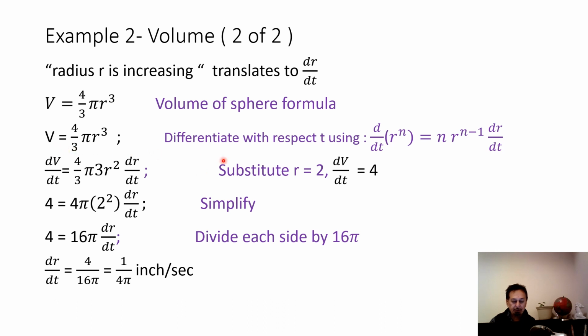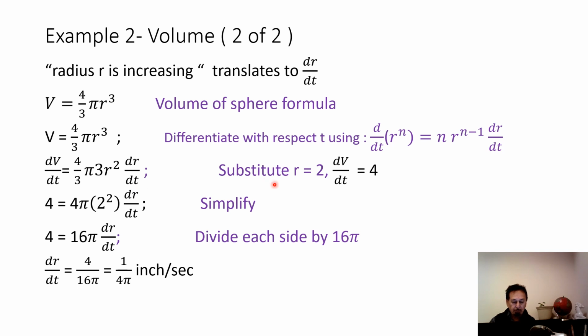Now we differentiate this equation with respect to t. So V becomes dV over dt. 4/3 pi is just a coefficient. You just keep it. The derivative of r cubed, using the chain rule, will be 3r squared dr over dt.